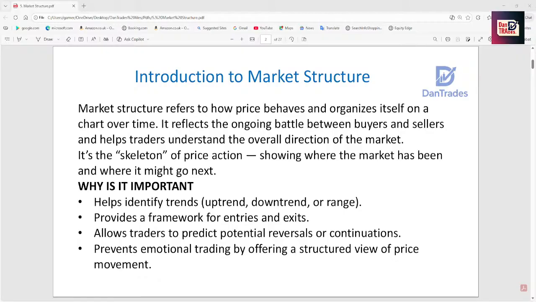So basically, I think I have a sample of market structure.